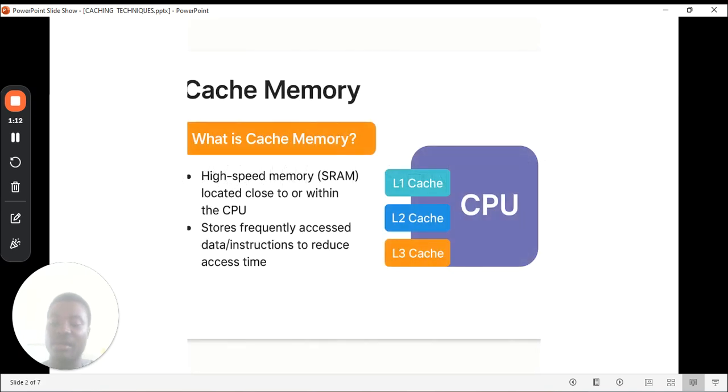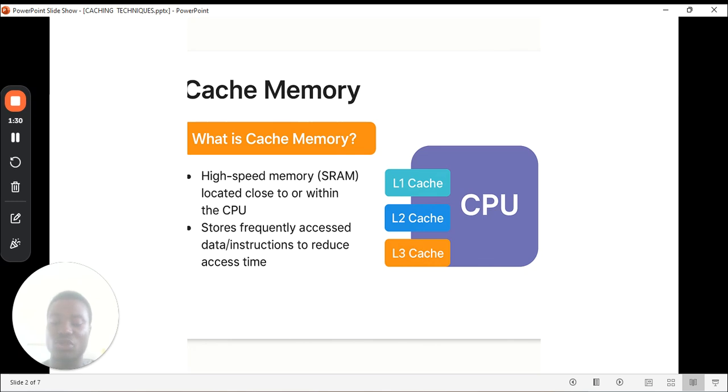A cache memory is a small, high-speed memory located closer to or inside the CPU. And you know your CPU is the central processing unit.